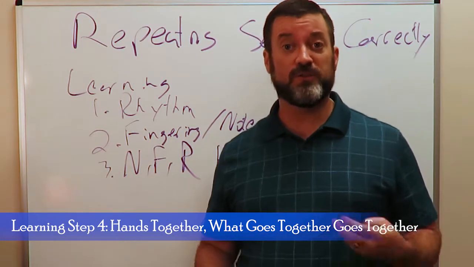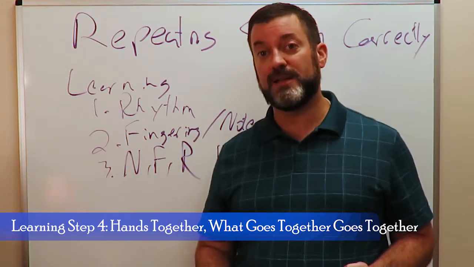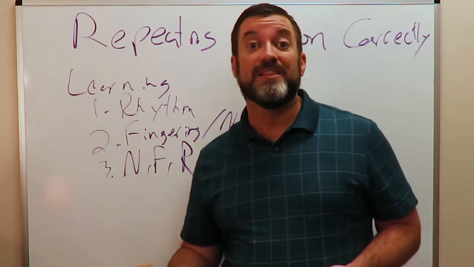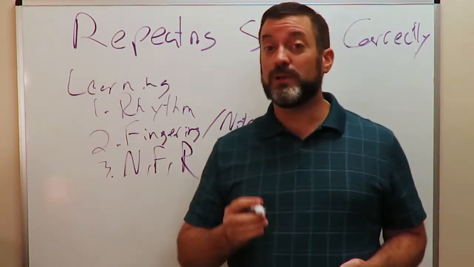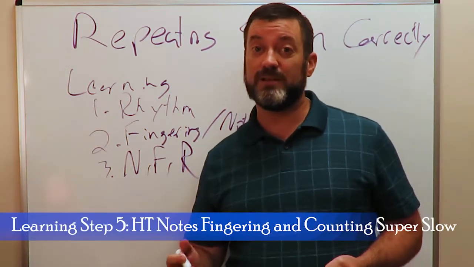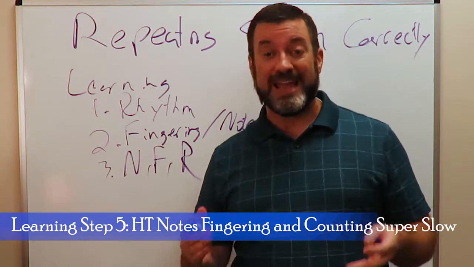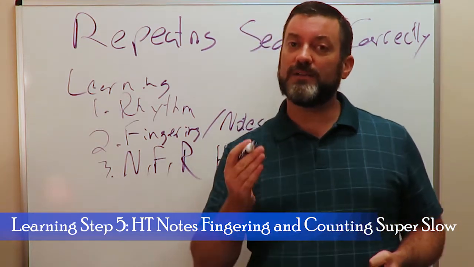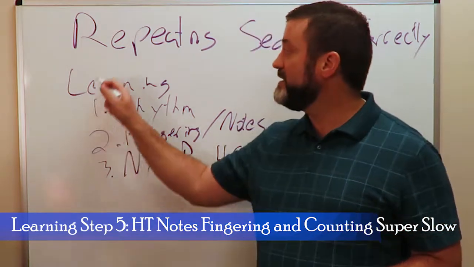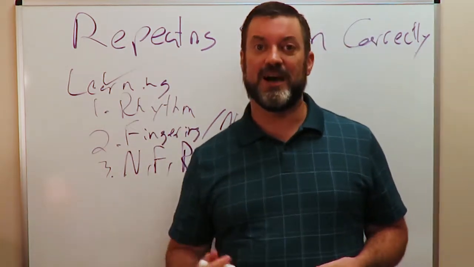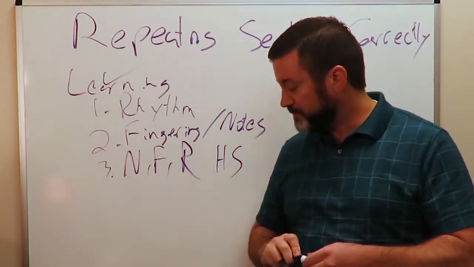We're getting the notes and the fingers correct, and the things that happen simultaneously. Then we add the counting back to it. And now we're doing notes, fingering, and counting, super slow, hands together. Now, once you've gotten to that point, you can say you have indeed learned, and it's time to practice.